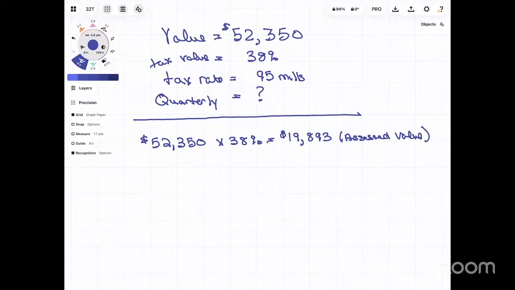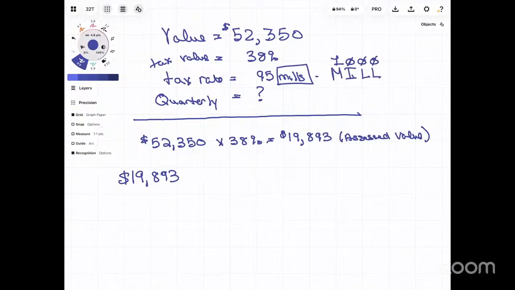So now we've got to figure out the amount of taxes. Well, if our tax value is 19,893 and we're dealing with mills, what I like to tell you to do is this: whenever you're trying to find a tax amount and it has to do with mills, your key is MILL, which is 1,000. You need to go ahead and divide something by 1,000.